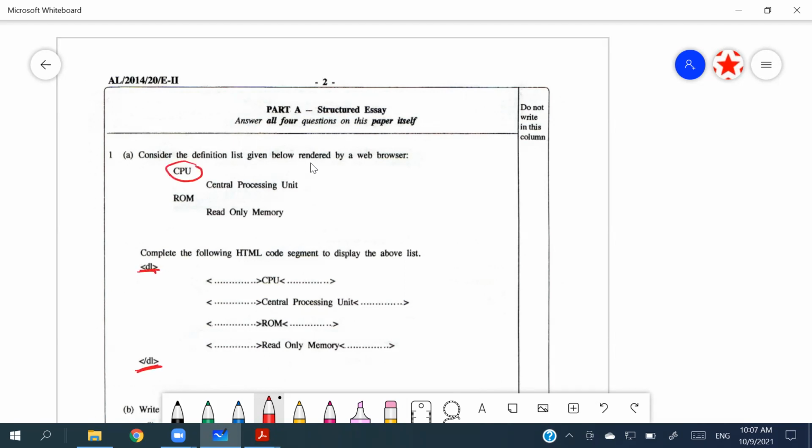CPU is the definition title, ROM is a definition title, central processing unit is a definition data, and read-only memory is a definition data. So this should be DT over here, as well as DT, and a /DT, right? And this is going to be a DD and a /DD, DD and a /DD, right? So that should be the way.